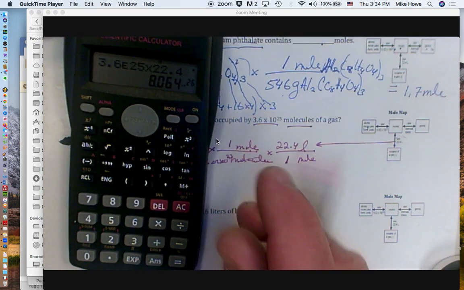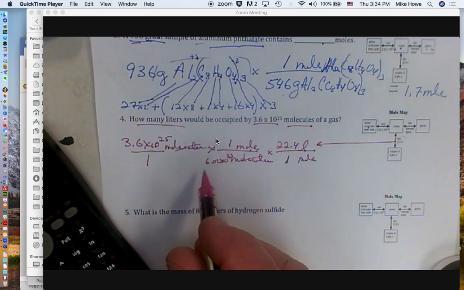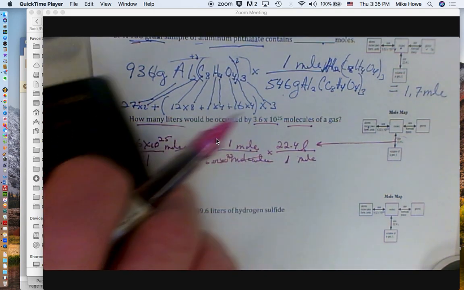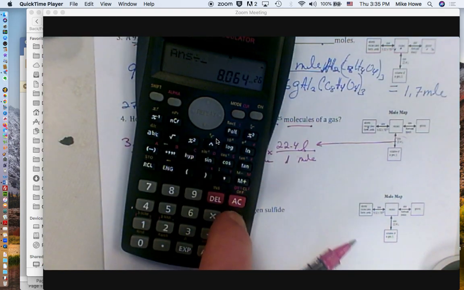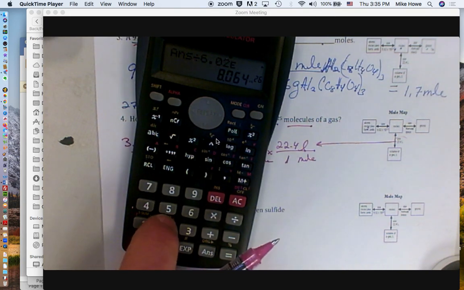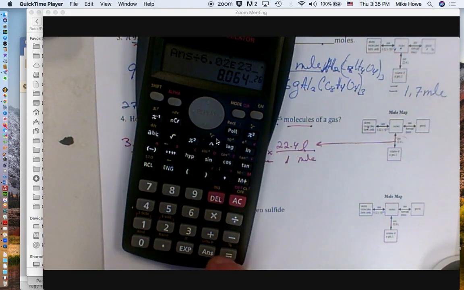Then we divide by everything that's on the bottom. Remember, that's an invisible 1, so really the only number I have on the bottom that's not 1 is that 6.02 times 10 to the 23rd. So divide by 6.02, then times 10 again is the exp, 23. If you're using an iPhone, it's the EE key.